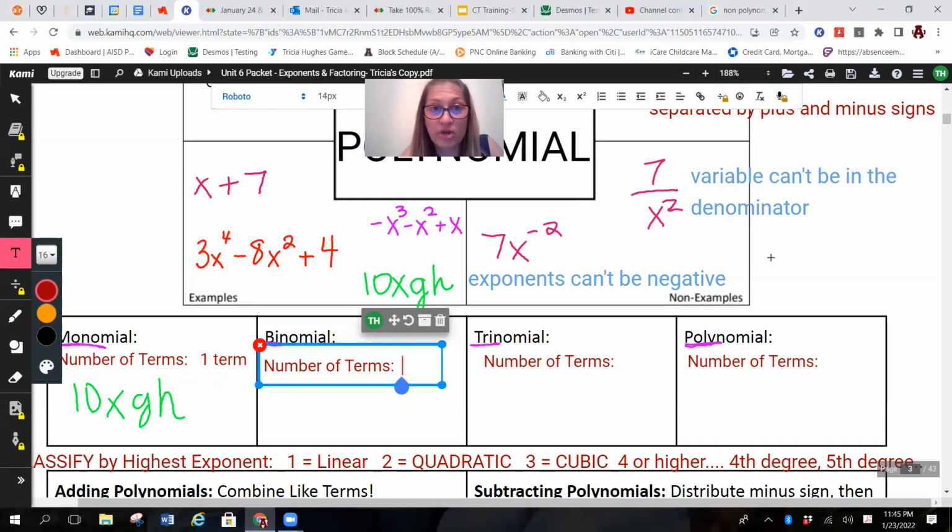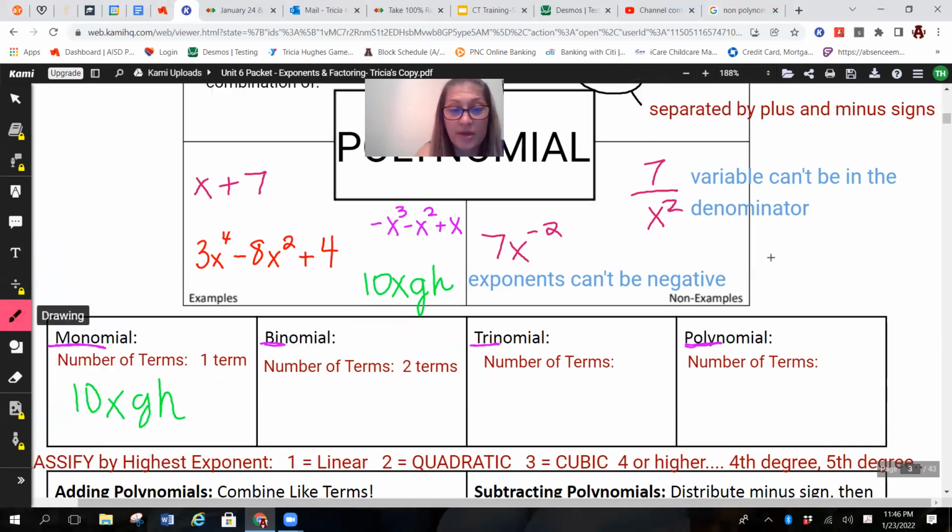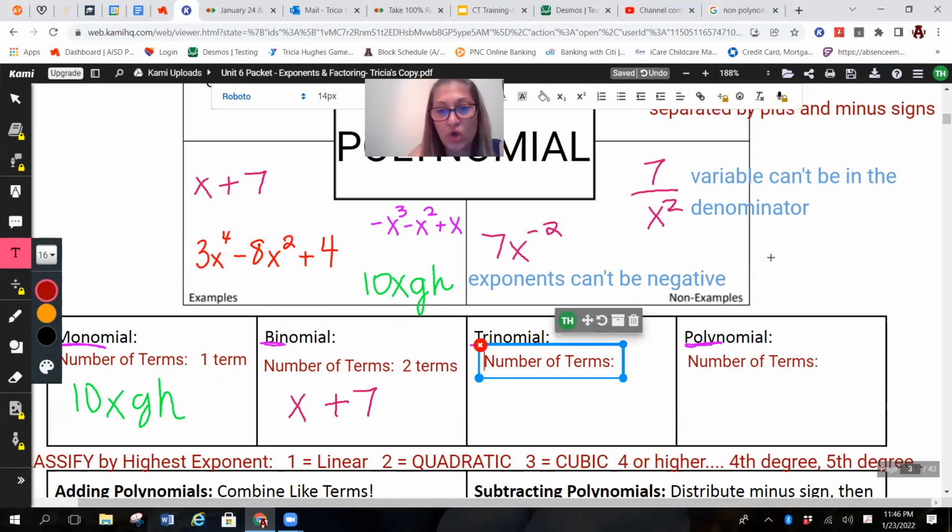Think about biracial. Well, 2. So 2 terms. And the one that has 2 terms is, you're right, x plus 7. That had 2 terms.